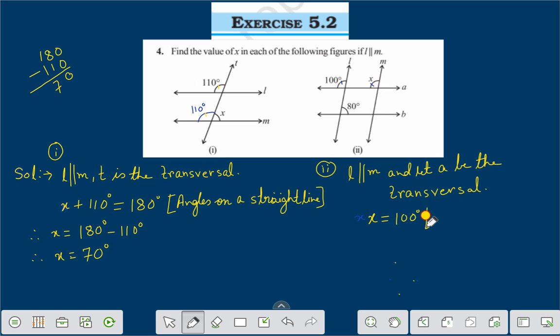Why? Because this angle and this angle are corresponding angles. Here you see L and M are parallel to each other, and if A is a transversal, we can say that x is equal to 100 degrees because x and this angle are corresponding angles.